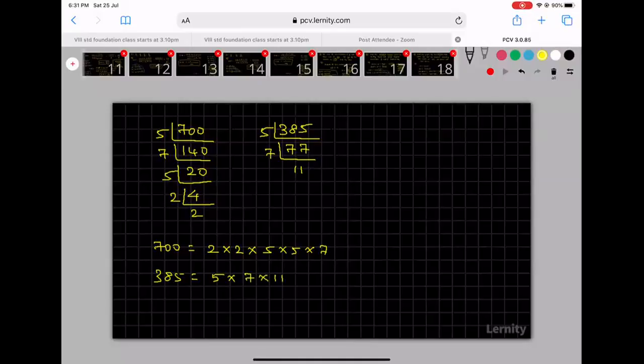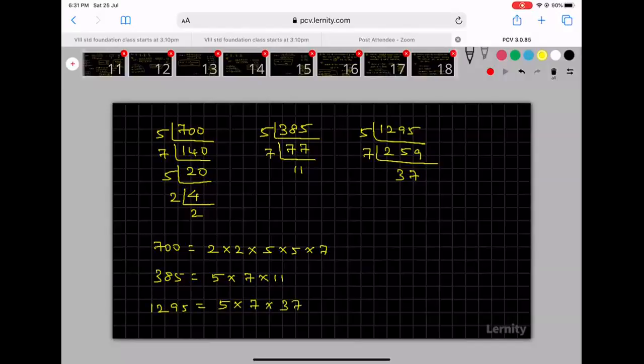Then another value is 1295. Here I am taking 5 table, then 7 times 37. Then I can write 1295 is equal to 5 into 7 into 37.